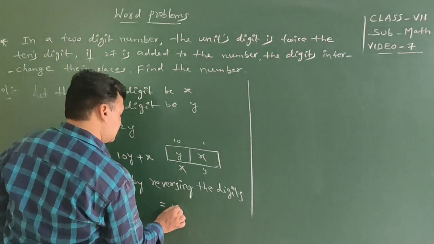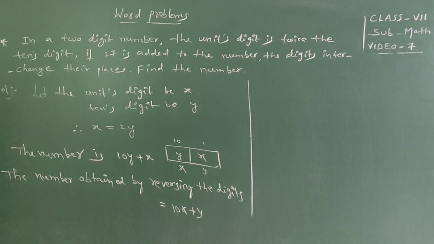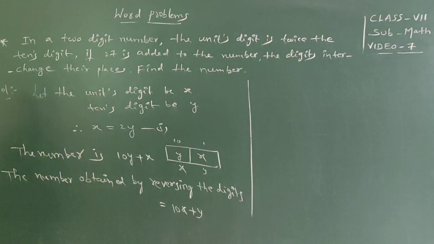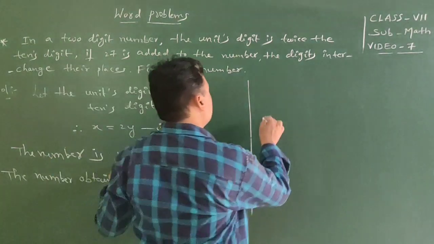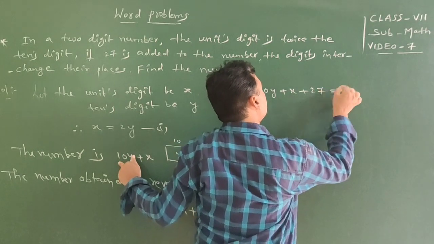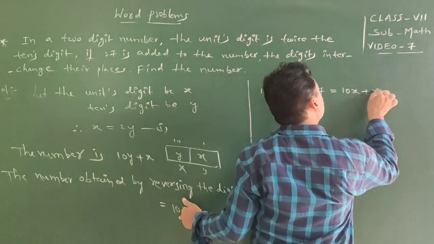So the number is 10x plus y. When it happens, if 27 is added to the number, what is the number here? 10y plus x plus 27. Its digits are interchanged, meaning it becomes 10x plus y.